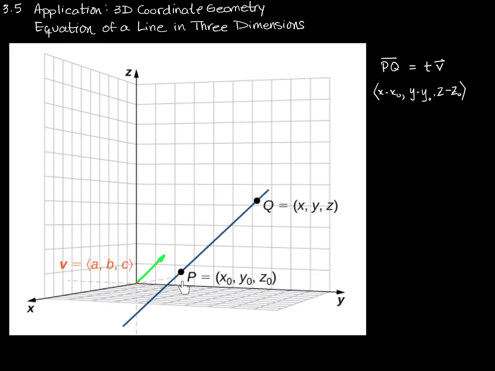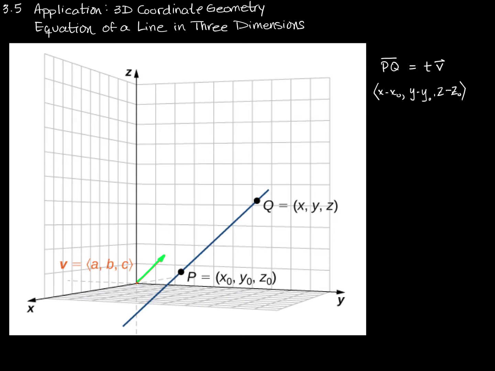You'll notice that while P has the specific but still generic coordinates, these aren't components, x naught, y naught, and z naught, Q could be any point on this line, and it has coordinates x, y, and z. It's just some other point on the line. So we're getting these components for the vector PQ by looking at the differences between the x coordinates, that's x minus x naught, the y coordinates, and the z coordinates.